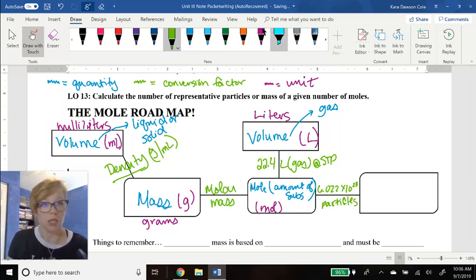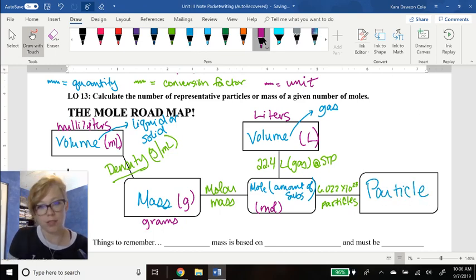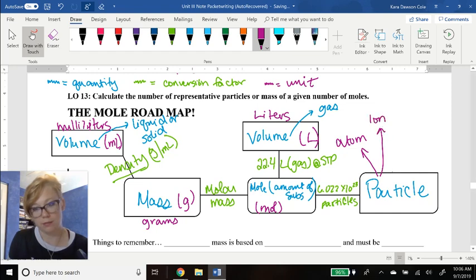This quantity is the particle, which can be either the atom, ion, formula unit, or the molecule.